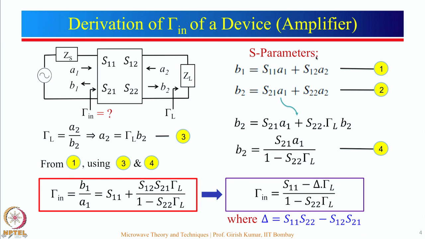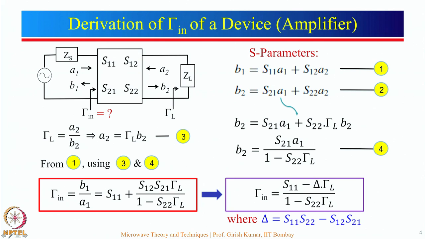We have already discussed S parameters in our previous lectures. S parameters are defined in terms of B1, B2: B1 equals S11 A1 plus S12 A2, and B2 equals S21 A1 plus S22 A2. Now, let us look at gamma L. How do we define the reflection coefficient? Generally speaking, it is defined as the reflected wave divided by the incident wave.